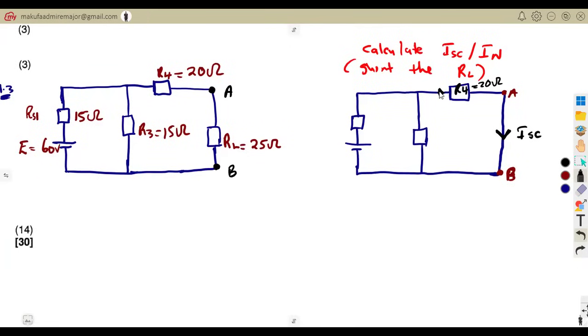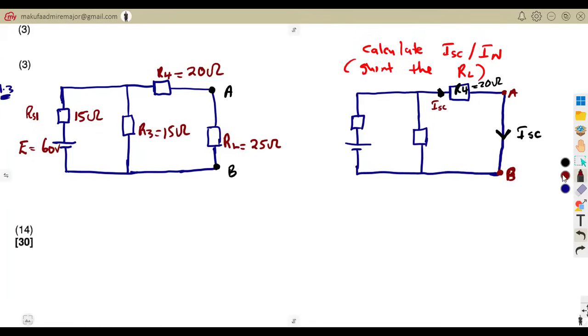It's the same current that is flowing here, same branch. That's why I'm saying we could have even removed it. But for the sake of understanding our topic separately, let's just work with RL removed. I mean, short-circuited, but R4 as it is.